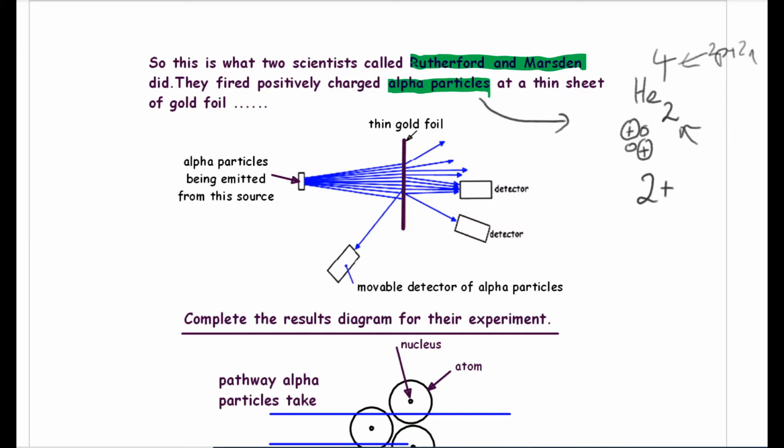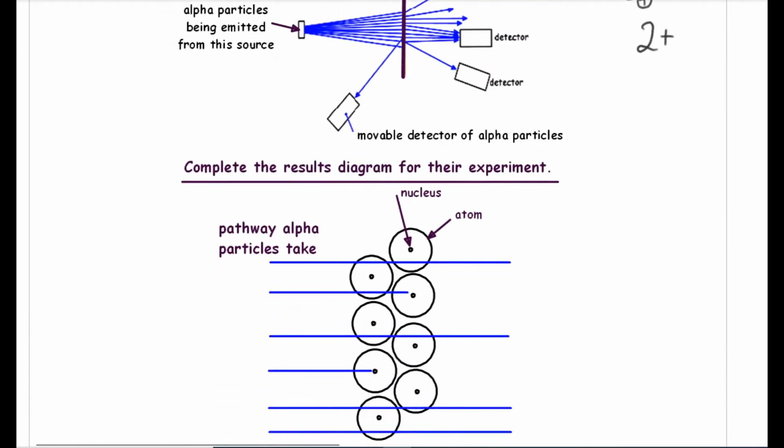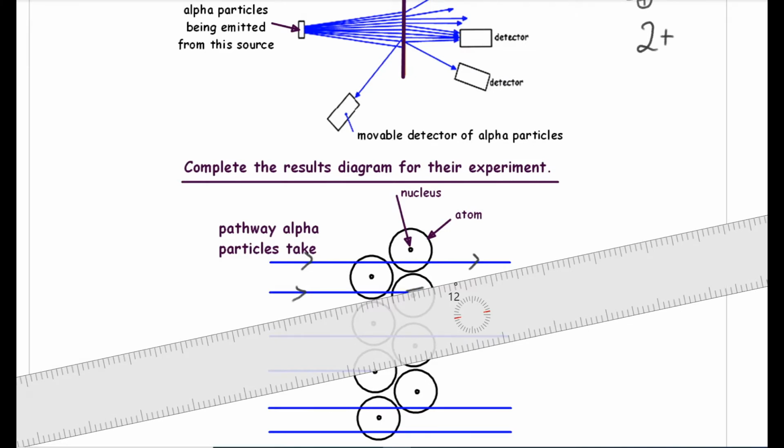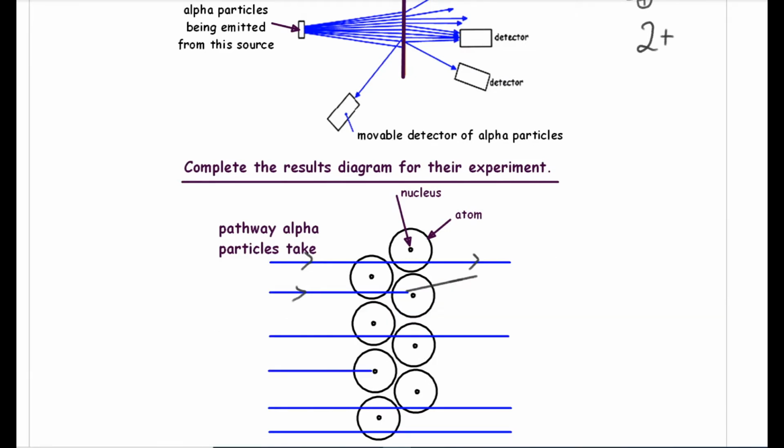Now that's important because underneath what we'll find here is these alpha particles are fired at the thin gold foil, and you can see that one's gone straight through. This one here will get deflected, and the reason it gets deflected is because if we were to zoom in on this area here, what you've actually got is a lot of protons inside the nucleus giving it a positive charge.